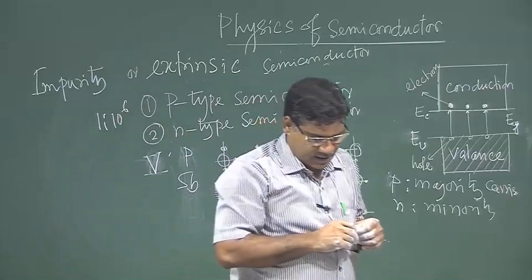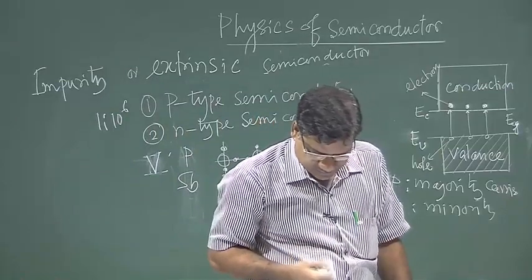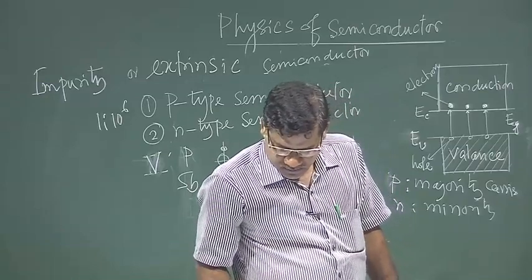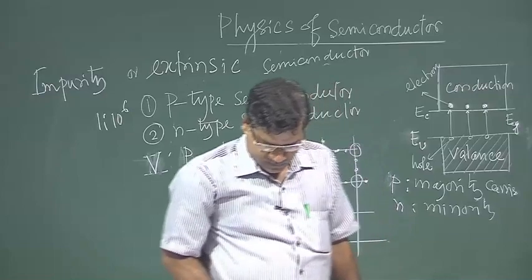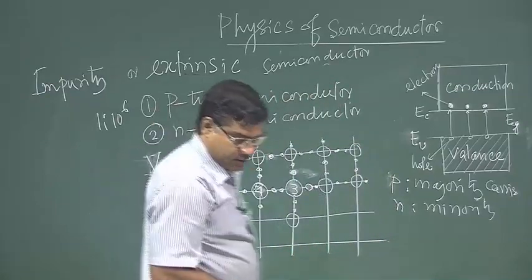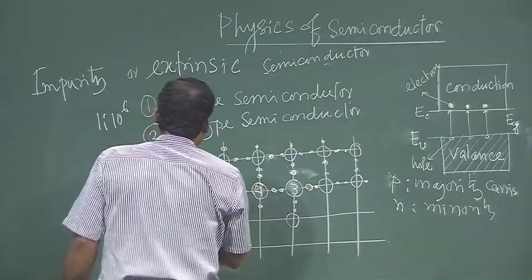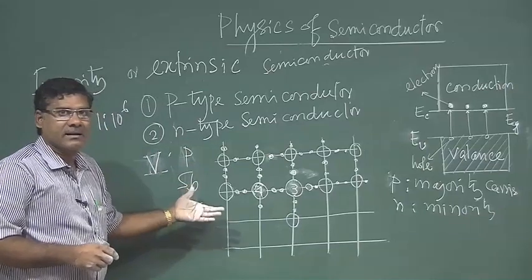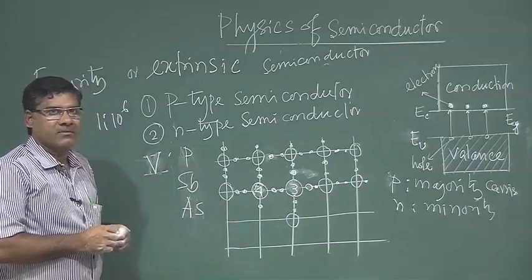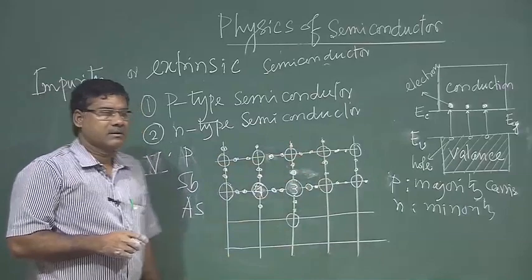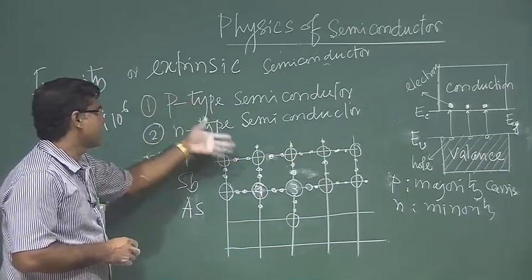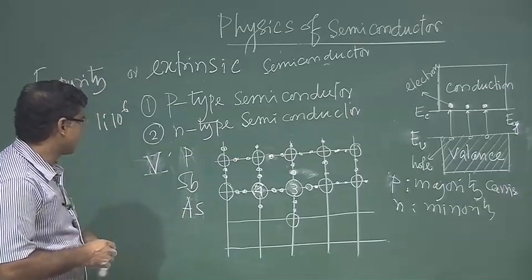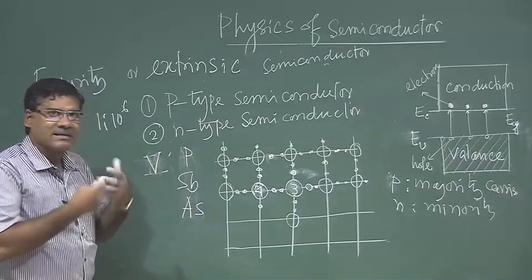Phosphorus, antimony, and arsenic, because these are practical ones. Generally these are used frequently for getting p type or n type semiconductors. These are pentavalent, right? Earlier it was tetravalent, these are pentavalent. So, 5 valence electrons are there.